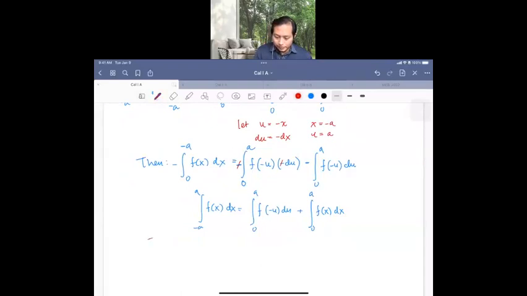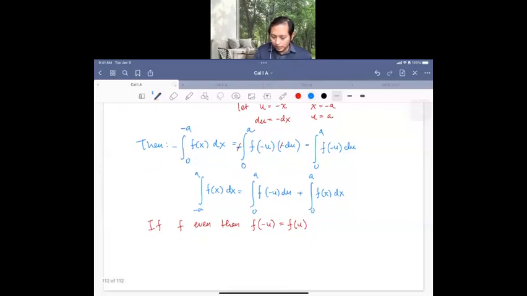Now if f is even, then f of negative u is f of u, then this will be the integral from 0 to a of f of u du plus the integral from 0 to a of f of x dx, and the function is the same, so this becomes 2 times the integral from 0 to a of f of x dx.